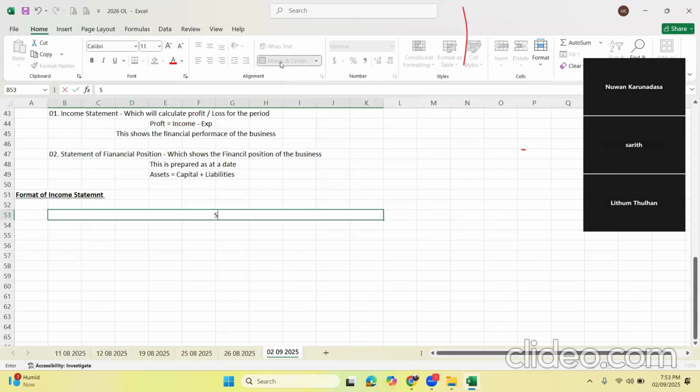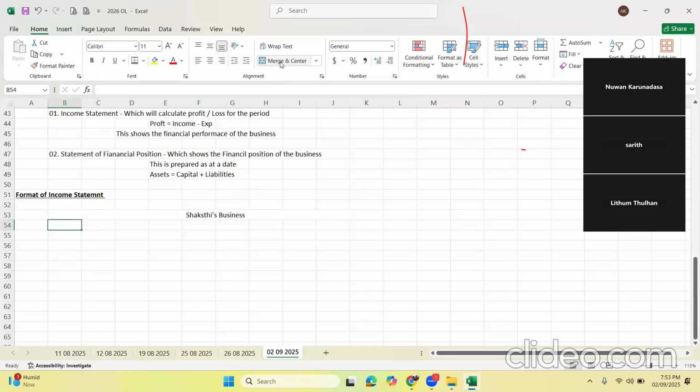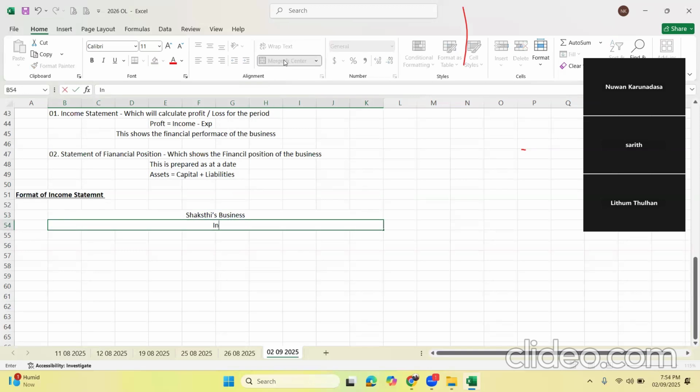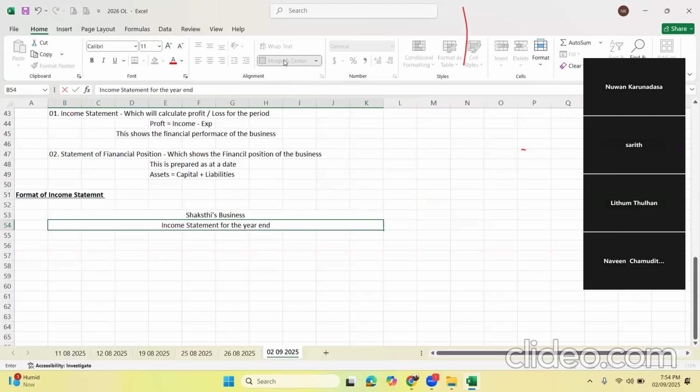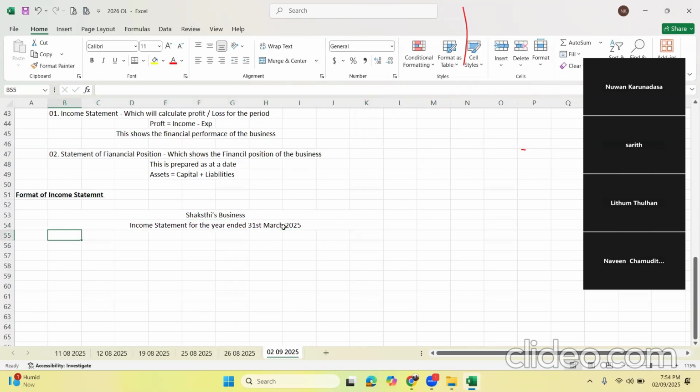Shakti's business. Income statement for the year ended 31st March 2025.